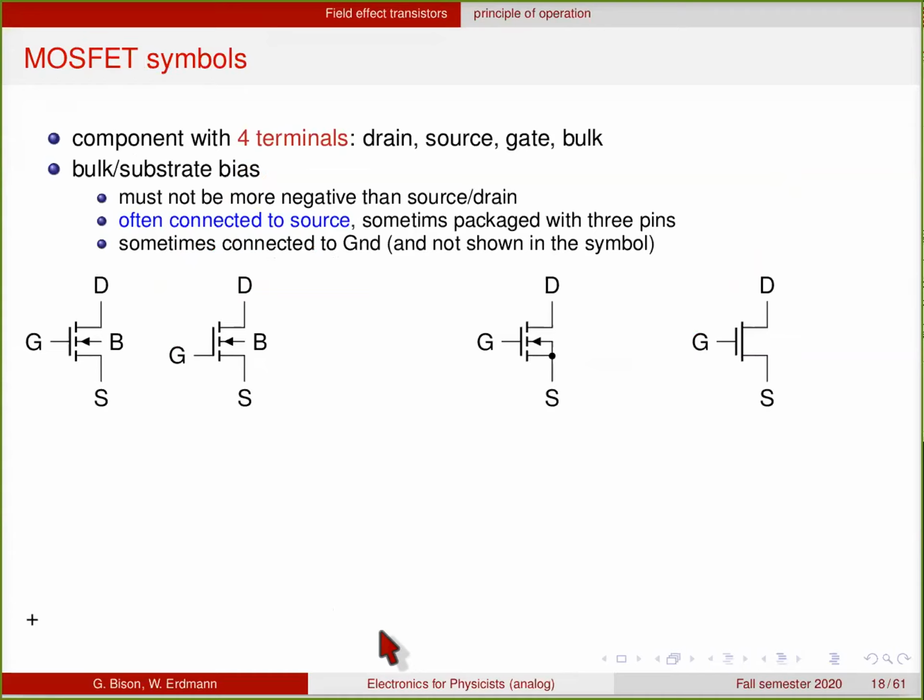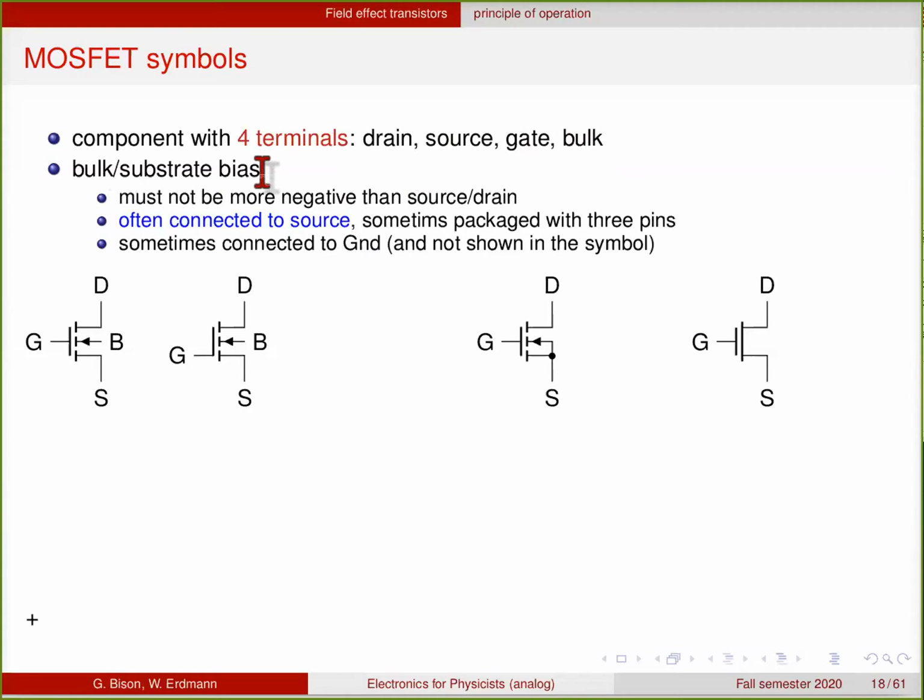Okay, so now we come to the circuits with field effect transistors. So let's look at the symbol. This is in principle a common component with 4 terminals, instead of the bipolar transistor, which only has 3 terminals. So now we have drain, source, gate, and bulk.